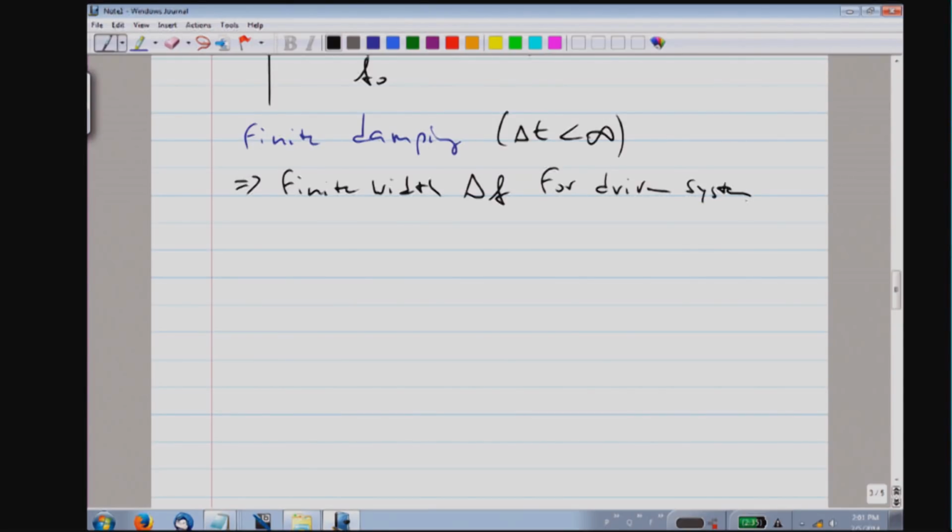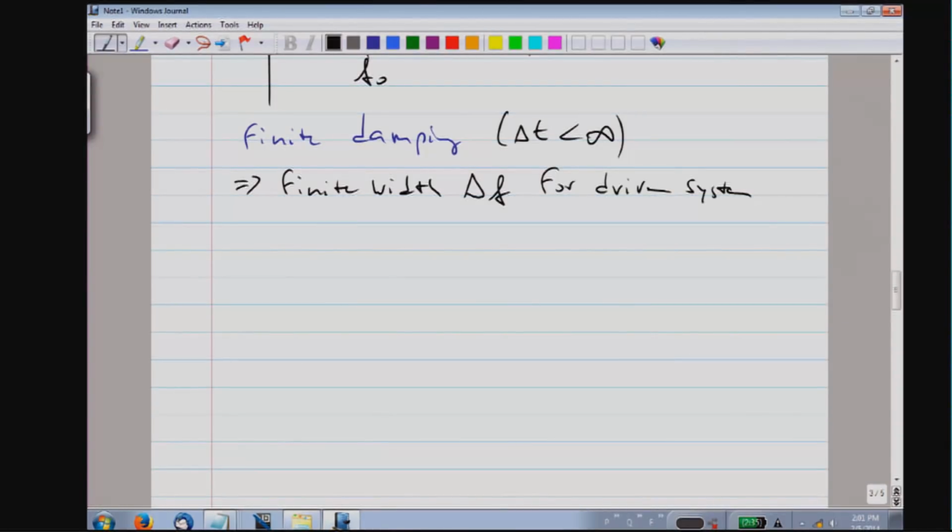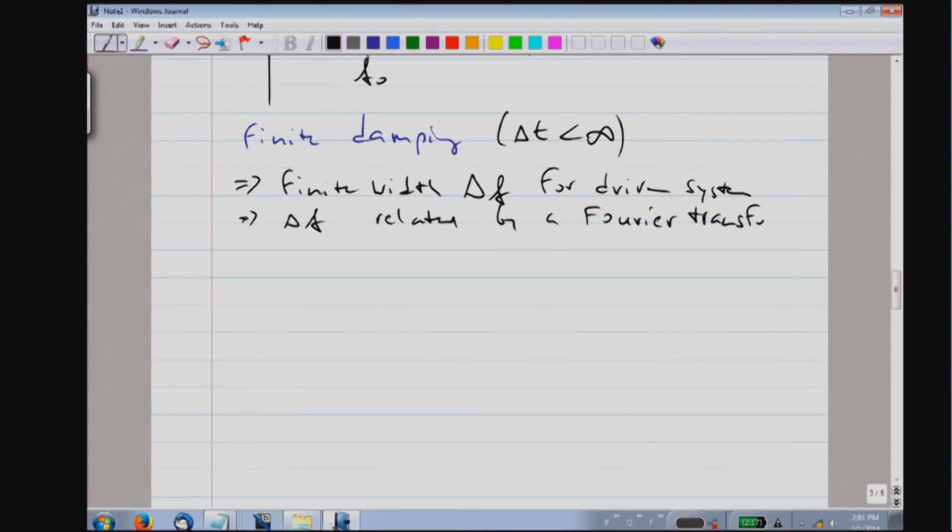And as we will see in many ways, the damping time and delta f are related by a Fourier transform. And we usually characterize oscillators by the sharpness of the resonance.